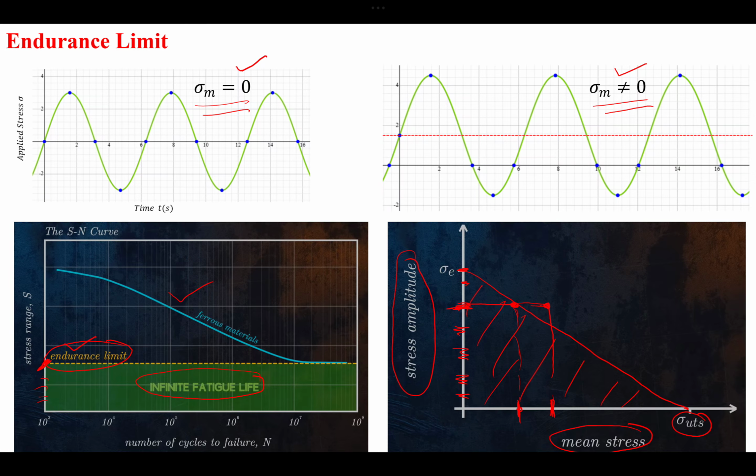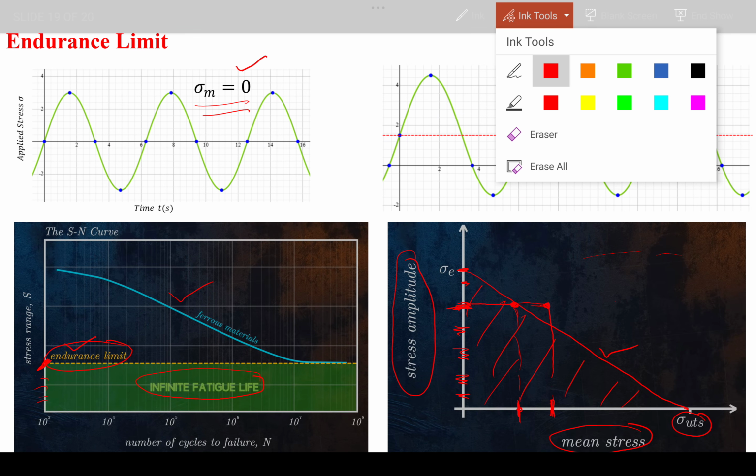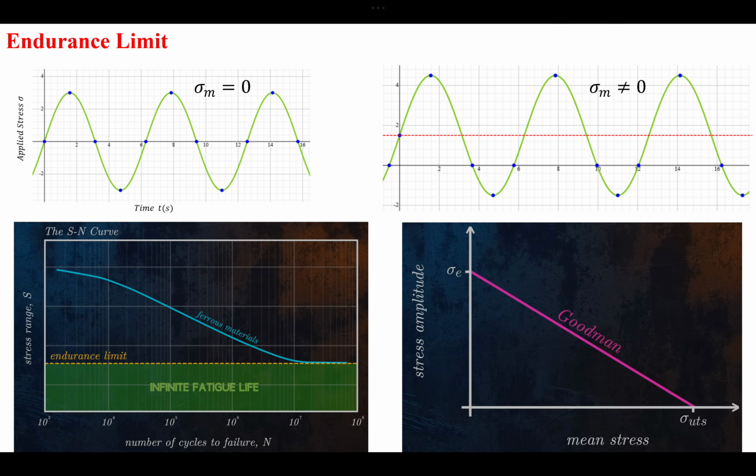And this curve that we have drawn here is called the Goodman curve. Okay, so this Goodman curve states that if your mean stress and the applied stress are within this specific region, you are safe. If it goes out of this region, you are not safe. You do not have infinite fatigue life.